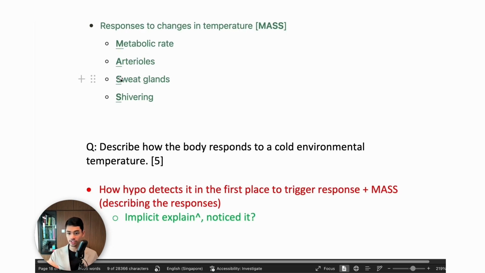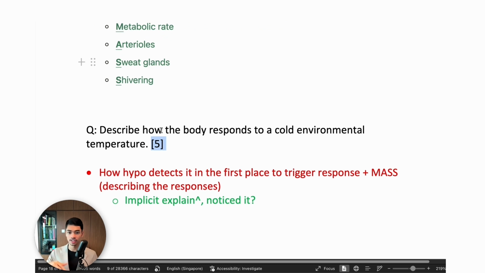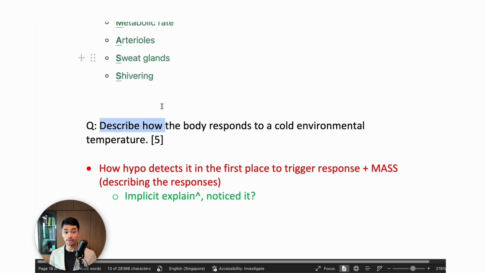But then if the question changes to describe how, notice I also increase the mark allocation here, right? Because there's going to be more demand. Describe how does the body respond. So it's not just, oh, tell me the responses, but tell me how does the body even know to respond? How does it even react in the first place? Okay, so how it reacts to the change in temperature is the hypothalamus detects this. Okay, detects that the internal temperature is now below the set point.